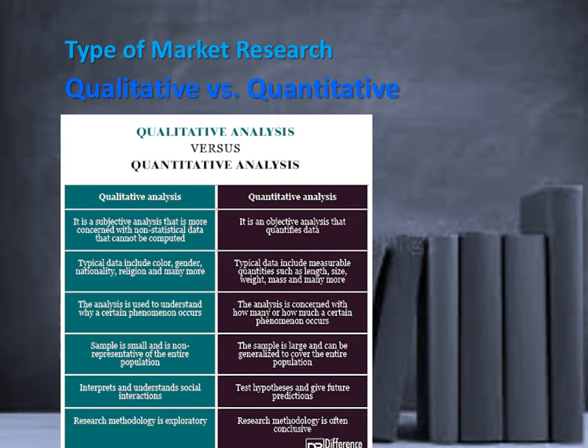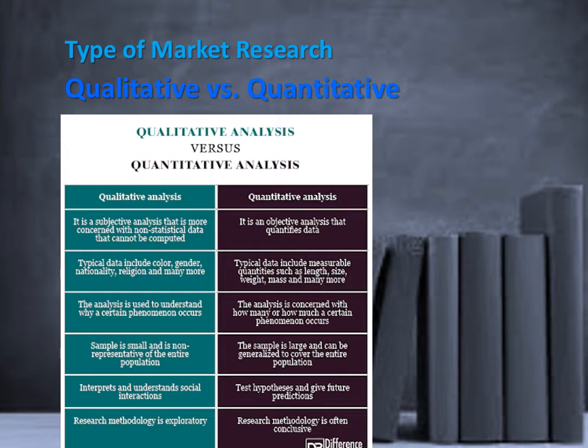Whereas, on the other hand, quantitative analysis is based and driven through quantity. It is a more objective method. It actually determines the quantity instead of how and why. It talks about how many and how much.